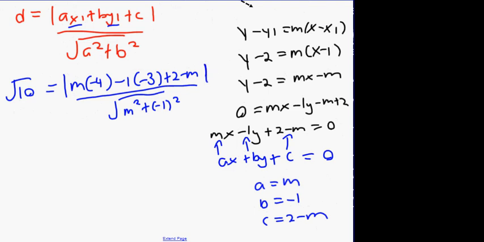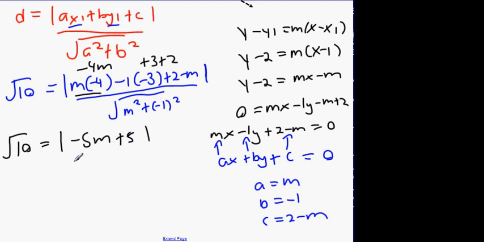Now, I'm going to be patient with this. What we're going to do is get root 10. We're going to get minus 4m. Everybody happy with minus 4m? There's another minus m over there, isn't there? Minus 5m. It's going to be plus 3 and plus 2, which gets me plus 5. And then on the bottom is the square root of m squared plus 1.